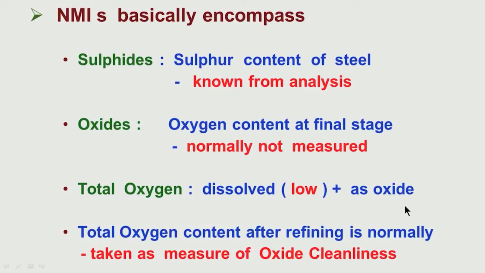That gives an indication of the oxide cleanliness in steel. So, this total oxygen after refining, that means the final stage of refining at the time of casting, can be taken as a measure of oxide cleanliness. This is very, very important, and we must remember to measure total oxygen in steel.